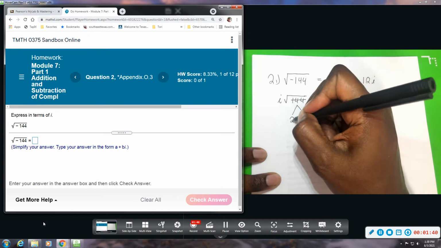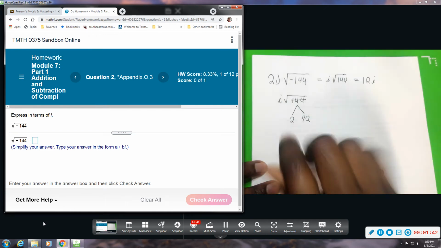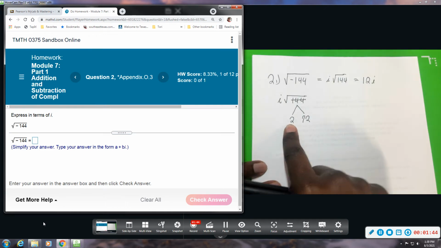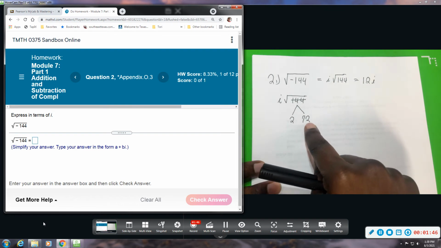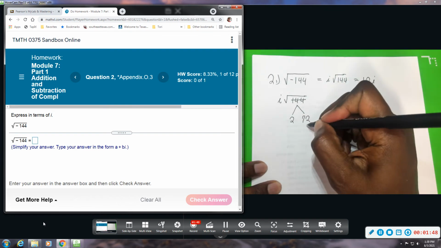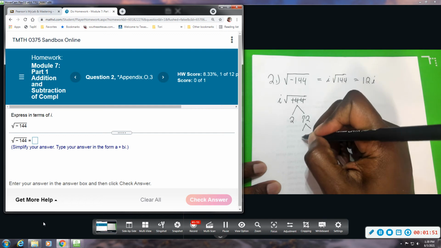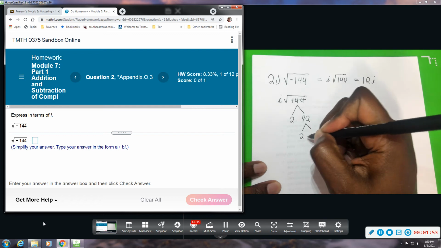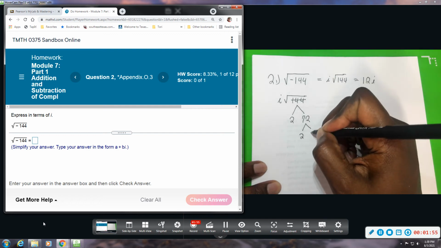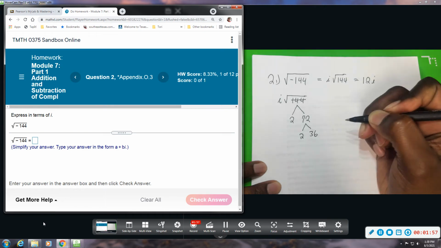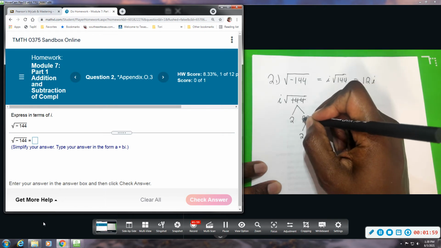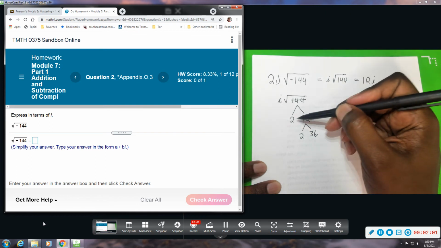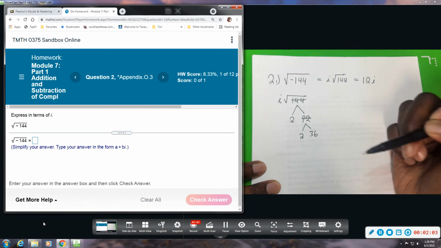I'm dealing with 2 times 72. 2 is prime, so I'm going to leave it alone. 72 is not prime, but it ends in an even number. So again, I can divide this by 2. 2 times 36. Okay, so the 72 was broken down. So now I'm looking at 2 times 2 times 36.